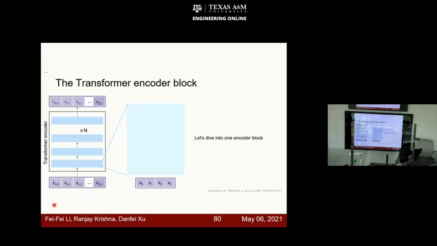So we have learned about the RNNs. We have learned about the CNNs. So in the case of the CNNs, we have X1, X2, X3, X4, XT.